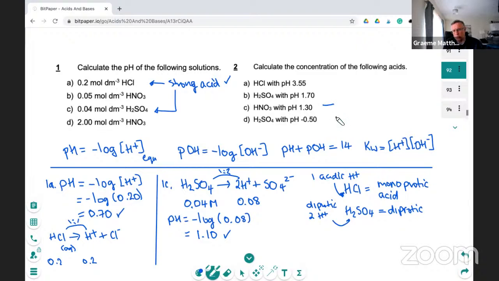The first question I always ask is, is it a strong acid? It is, therefore the equations I've written here are justified. All right, so nitric acid with a pH of 1.3.